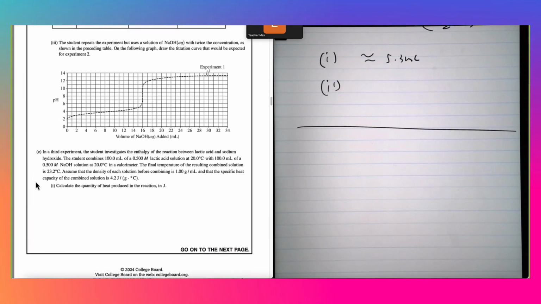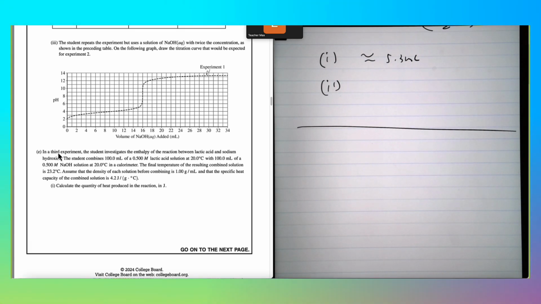Part E, in the third experiment, the student investigates the enthalpy of the reaction between the lactic acid and sodium hydroxide. The student combines 100 milliliters of a 0.5 molar lactic acid solution at 20 degrees with 100 milliliters of a 0.5 molar NaOH solution at 20 Celsius in a calorimeter.